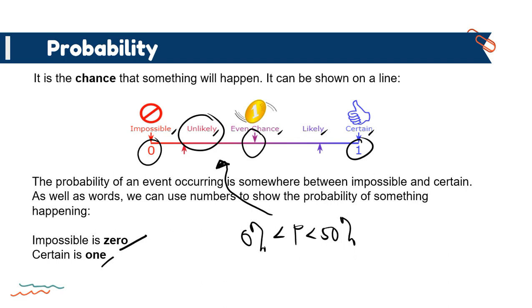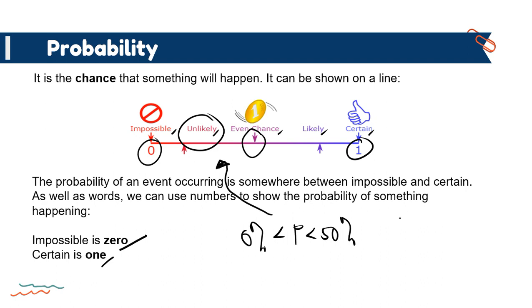So here in unlikely po, meron kang chance pero hindi ganun kalaki. Maliit lang siya. Hindi pa umabot sa kalahati yung iyong chances. So again, pag unlikely po, in between po siya ni impossible and even chance. So your event or the probability must be less than 50% but greater than 0%.